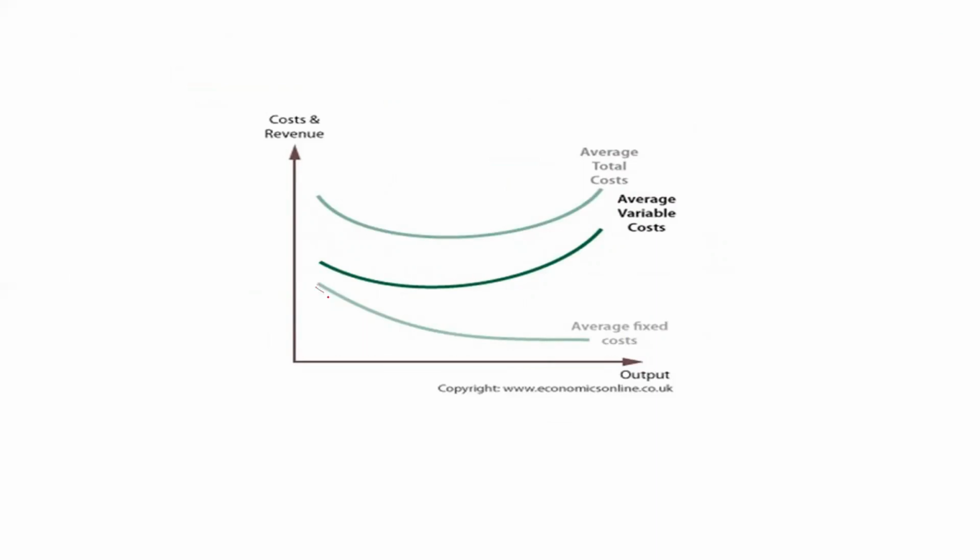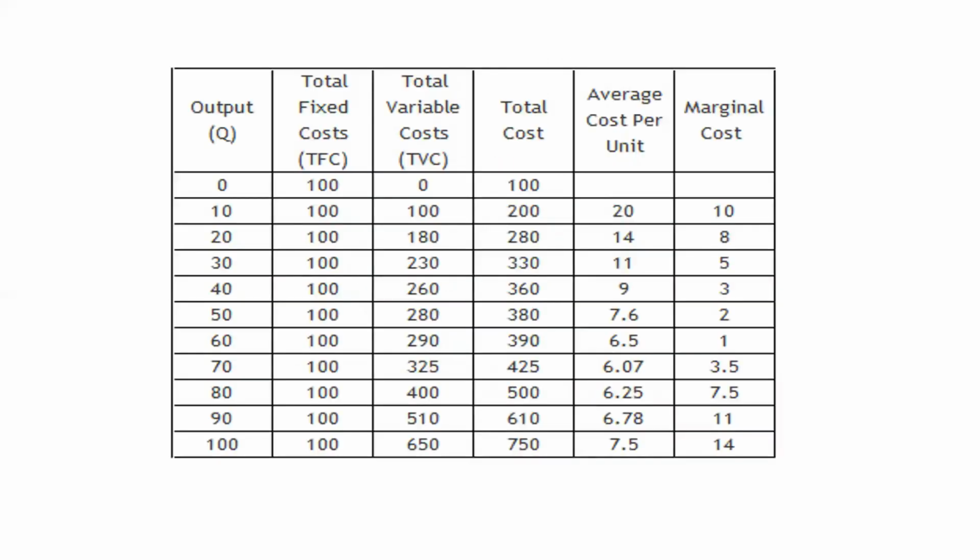Average fixed cost is always below the other two costs. Average variable cost is just above the average fixed cost, and average cost is the total of average fixed cost and average variable cost. This is why it is above both the cost curves. Now I hope you have understood this completely. Now it would be easy for you to understand this table.